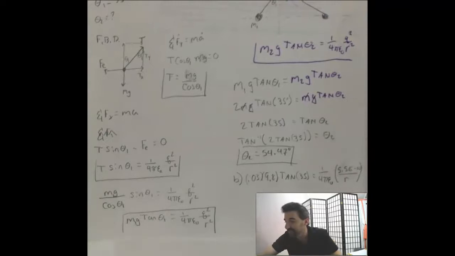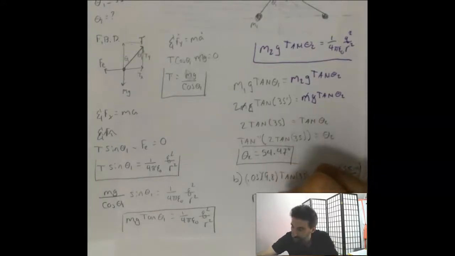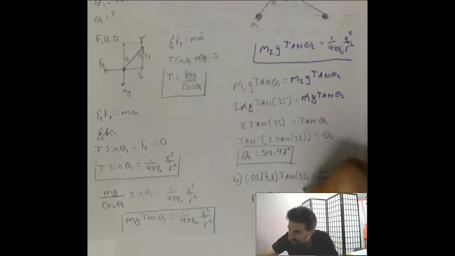I should be able to solve for r. Some calculator work. And you should get an r equal to 8.1 times 10 to the negative 5 meters.